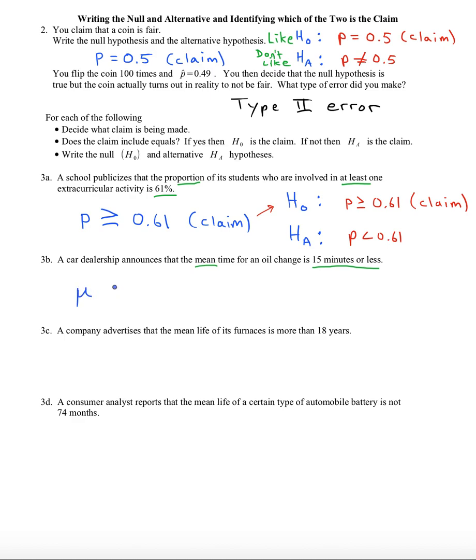Mu is less than or equal to 15. That is the claim. Is our claim H0 or HA? Once again, because we have an equality involved, our claim is H0.